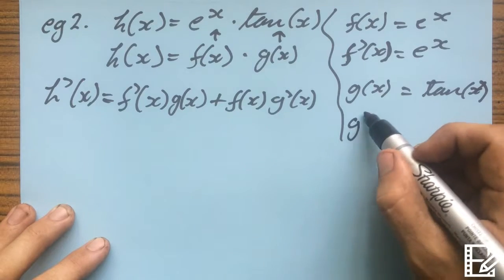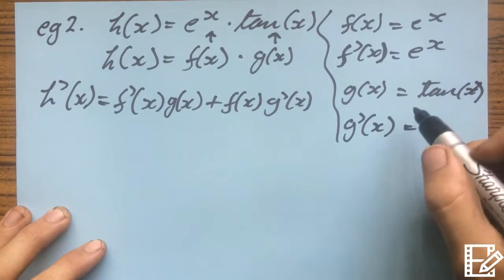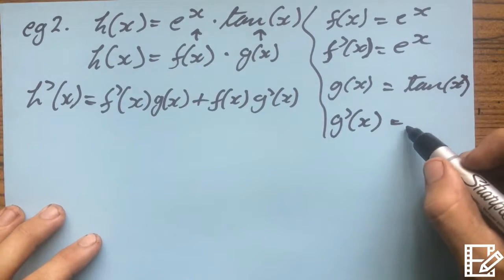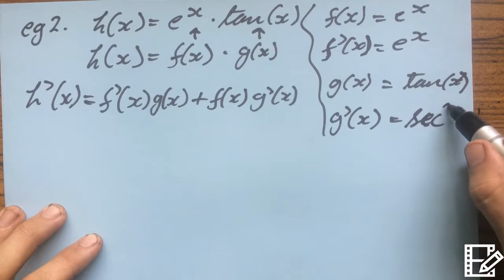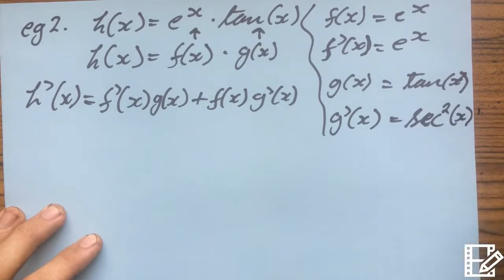But the derivative of g(x), the derivative of tan x, is sec squared x.